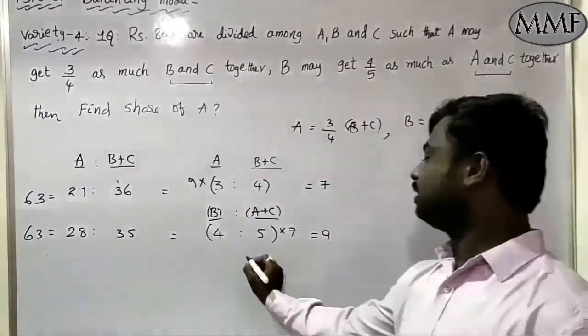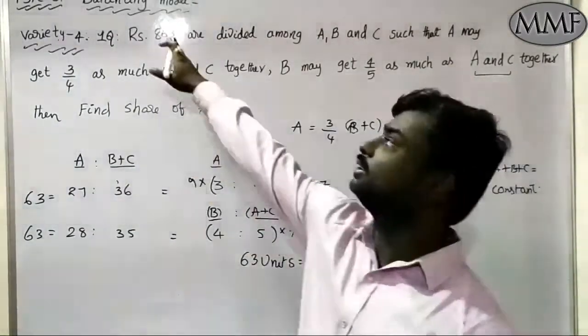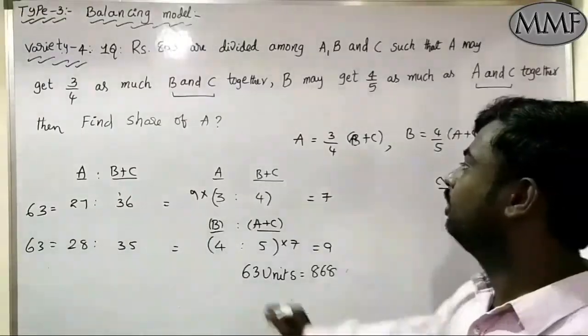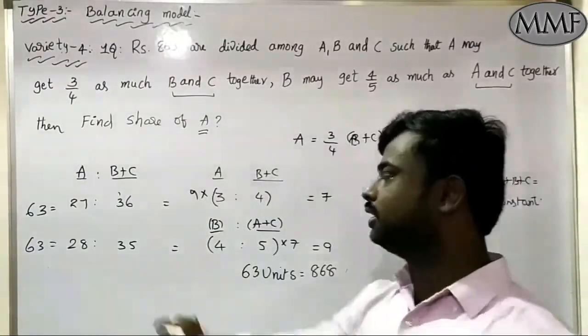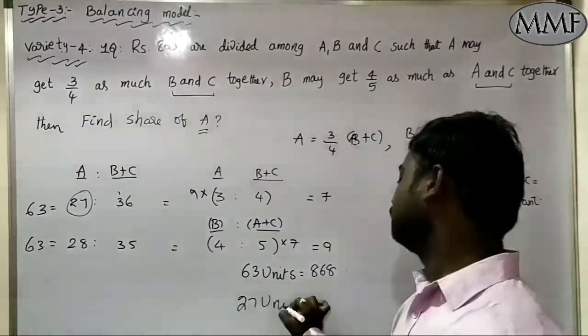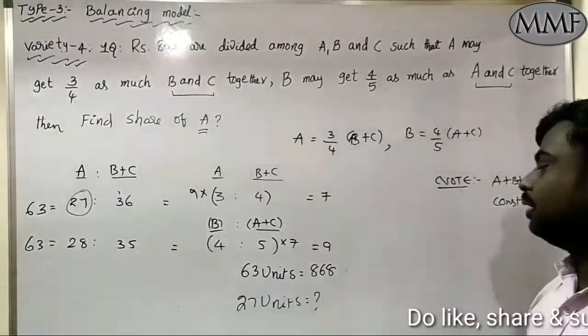If 63 units is given in the question as 868, what do I want? Find the share of A. What is the share of A? 27 units. What is 27 units? That will be the question mark. Very simple here. What do you want?